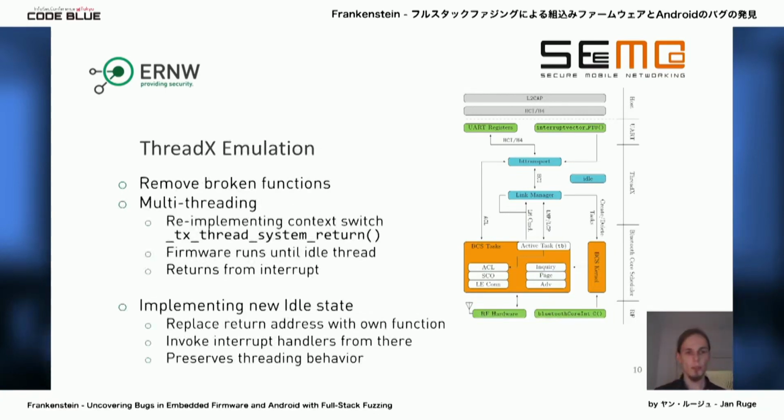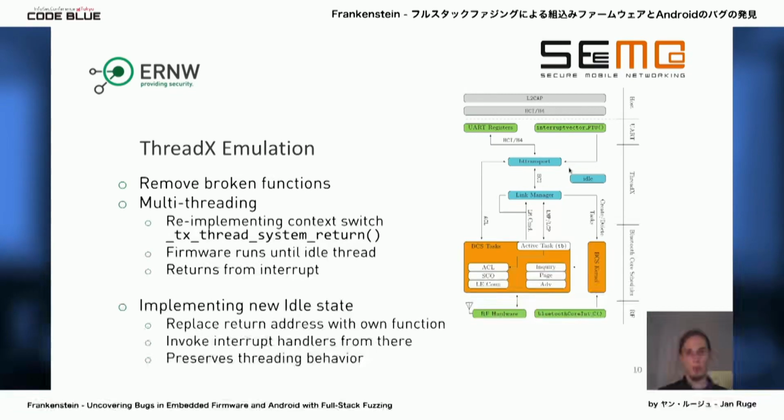So first of all, we have to take care about the multi-threaded operating system. But if you first execute the firmware, you will run into a function that will throw an illegal instruction. For example, there are functions used to enable and disable interrupts within ThreadX.